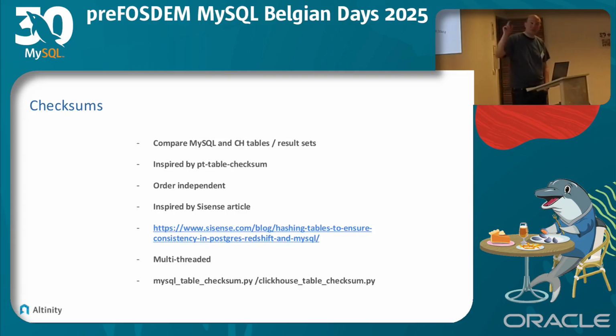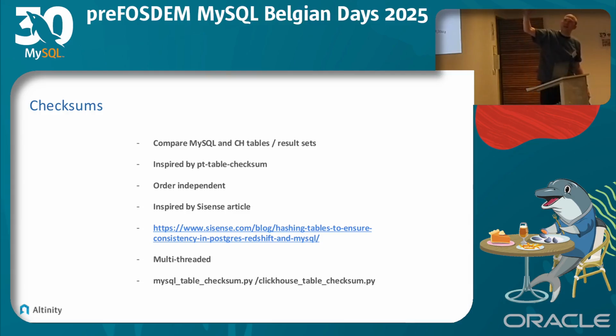Okay, checksum. If you want to test this, you need to verify the data. It's already difficult to replicate between MySQL and MySQL, but between different systems the data types could be different, the nullability of the column could be different. MySQL Shell does checksums. But does it checksum in ClickHouse? That's the thing, it's to compare MySQL and ClickHouse.